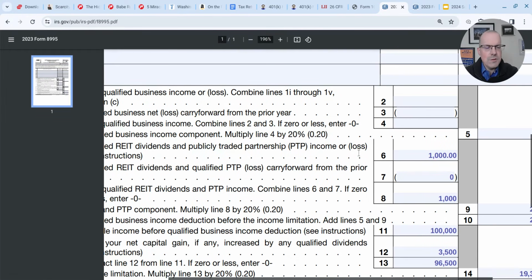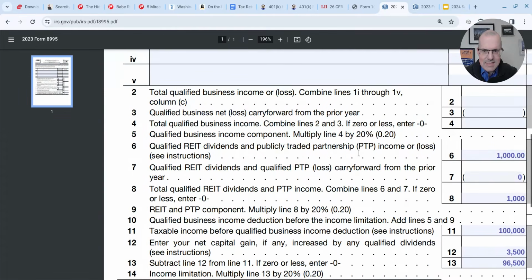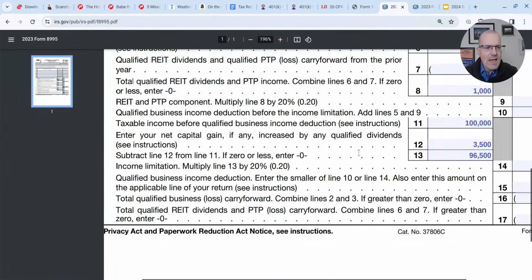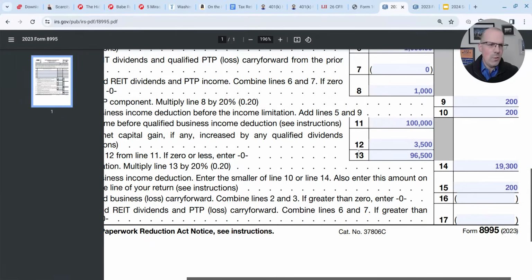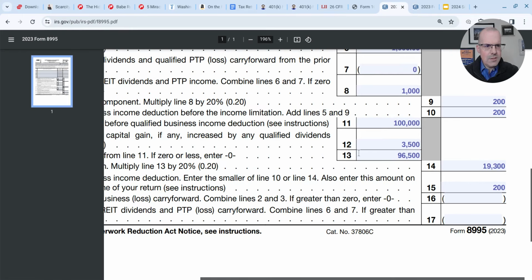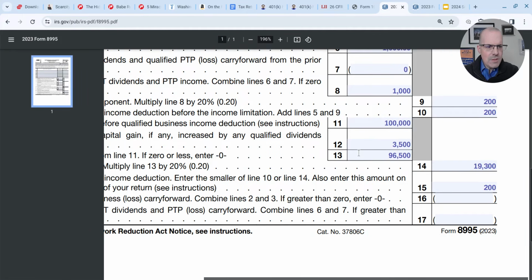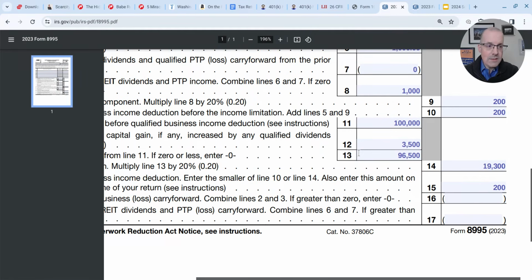The 2 main lines you have to be worried about are line 6, make sure all those box 5 amounts get into this line 6, and then line 15. I'm assuming this person has no business income, nothing like that, no self-employment. So when they do this, they get a $200 deduction for the $1,000 of Section 199A dividends.